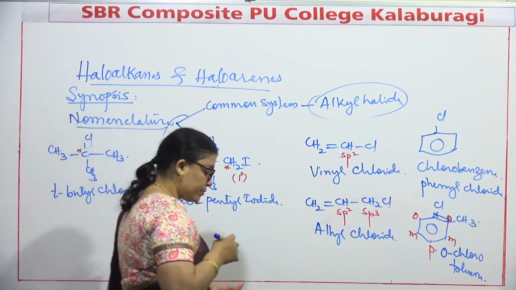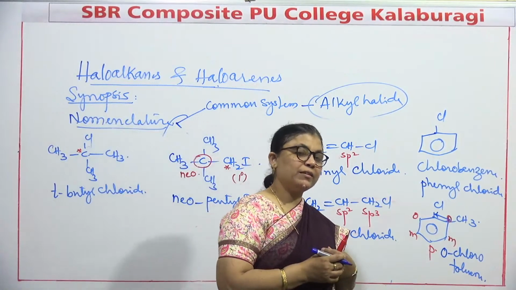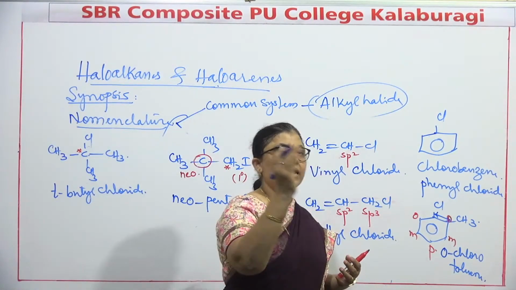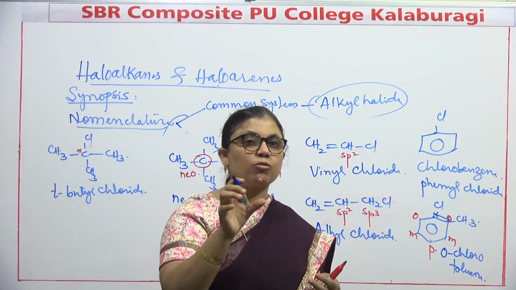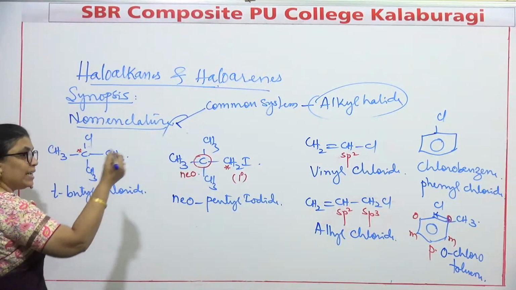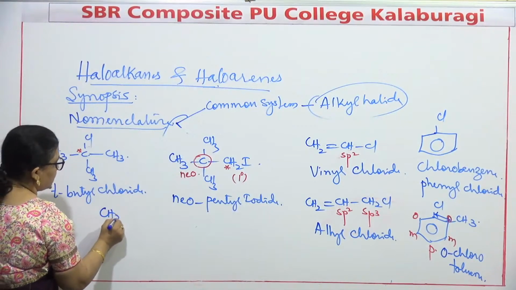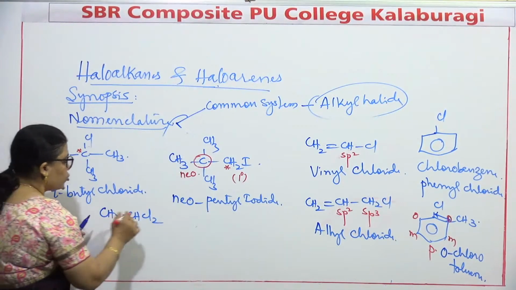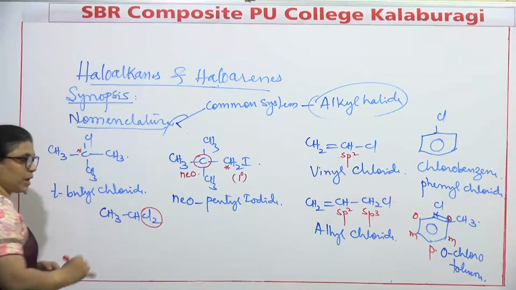And remember, children, as I said yesterday, dihalides are further classified as geminal and vicinal. Geminal are called alkylidene, because two halide groups are linked to the same carbon atom.